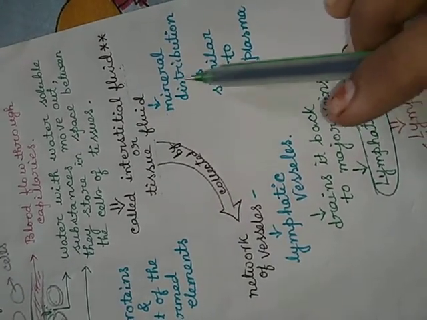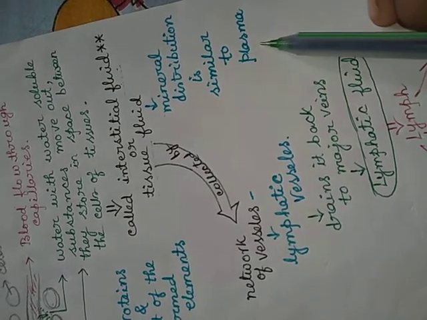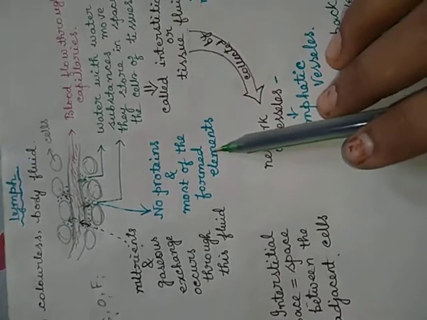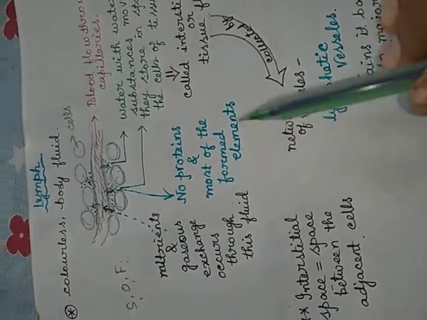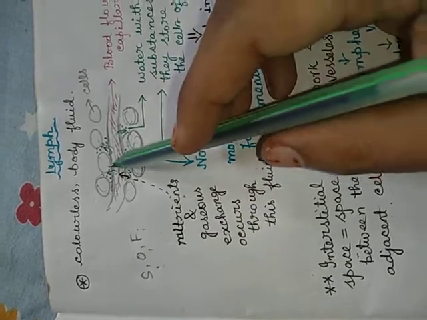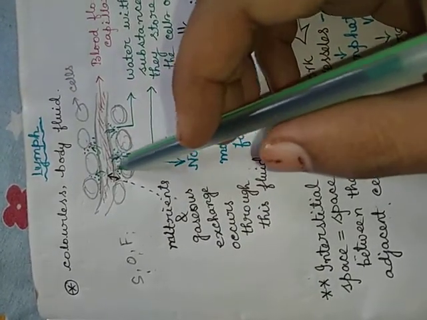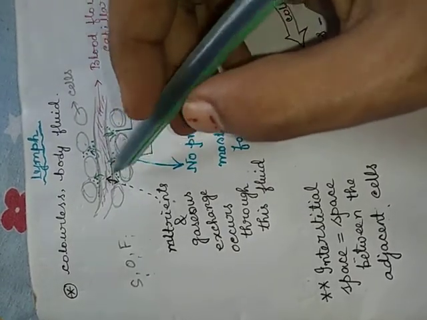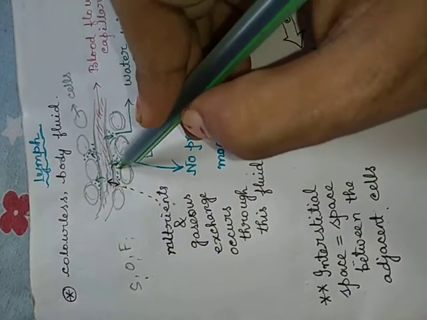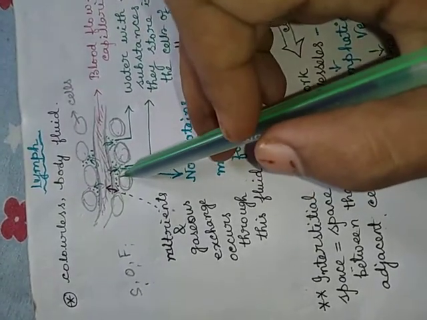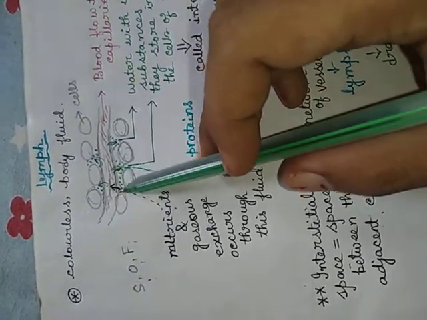Mineral distribution is absolutely the same as plasma, but there are no proteins and formed elements. As this wall is very thin, some nutrients and respiratory gases also exchange through this fluid. Nutrients and gaseous exchange also occur through this fluid.